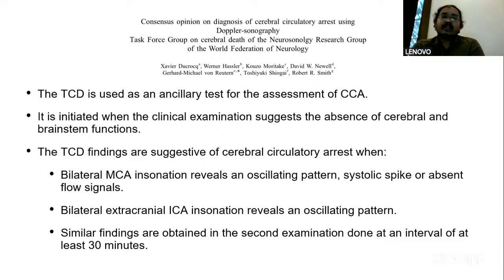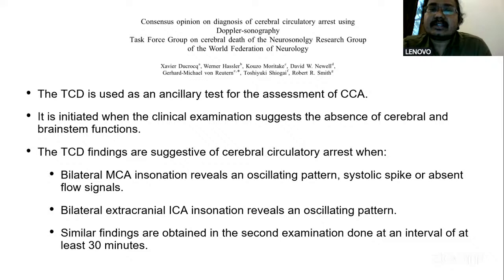Long back, we had guidelines. The guideline says that TCD should be used as an ancillary test whenever the clinical examination is suggestive of absent cerebral and brainstem functions. An experienced operator would do two examinations 30 minutes apart.